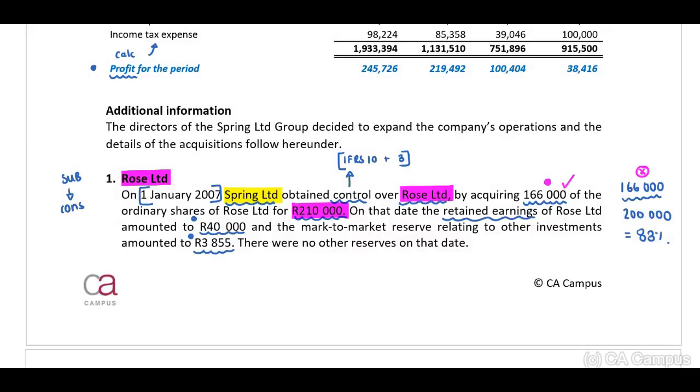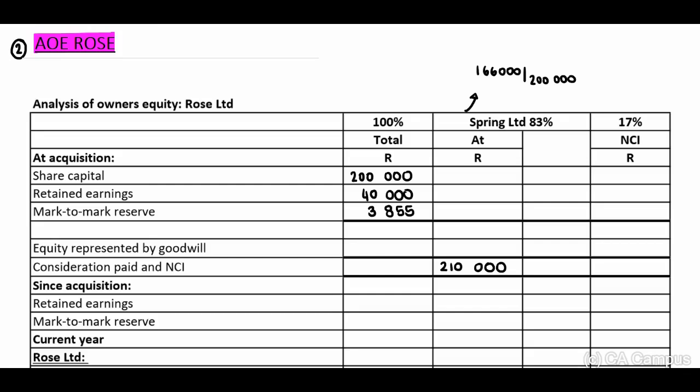Now we'll tick off. They indicate to us for 210,000. On that date, the retained earnings of Rose amounted to 40,000 and mark-to-market reserve relating to other investments amounted to 3,855. Immediately, I will transfer this to my analysis of owner's equity of Rose. You will identify I've included this to save us some recording time.